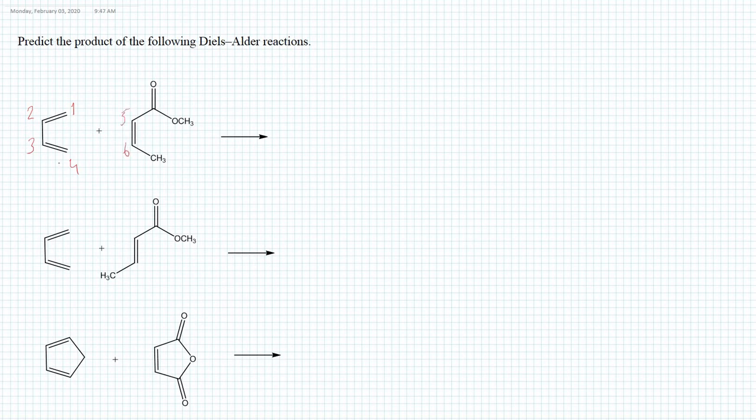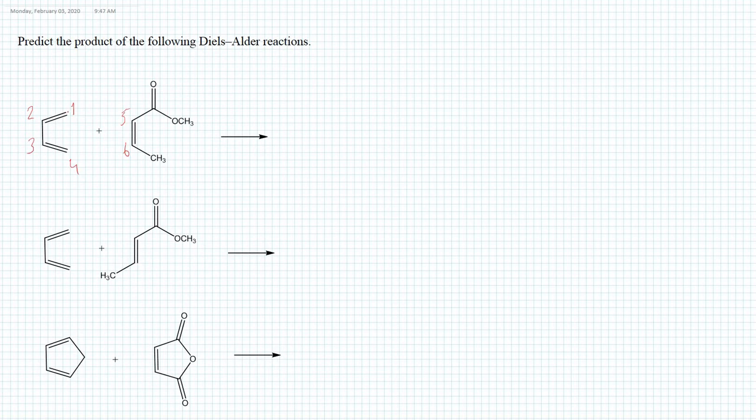Then you know that the diene is going to make 2 new sigma bonds with the dienophile, and we are going to form a new pi bond between 2 and 3. So I'm going to use dashes to make those sigma bonds. Then we can write the real product in this part.